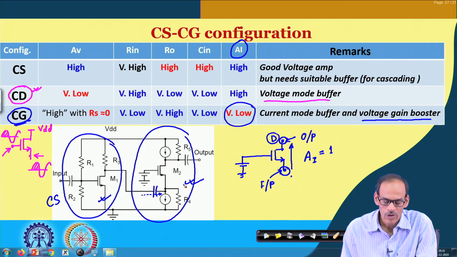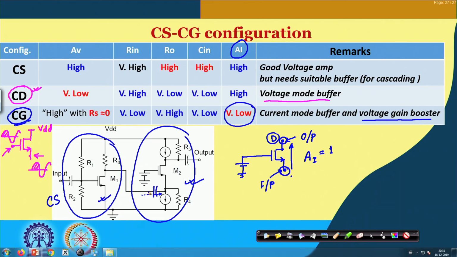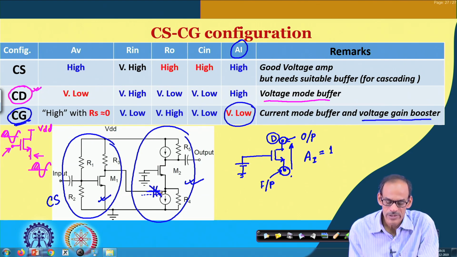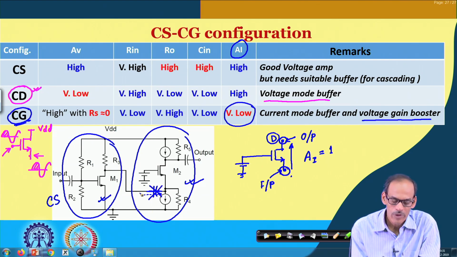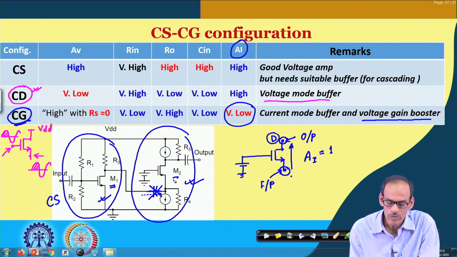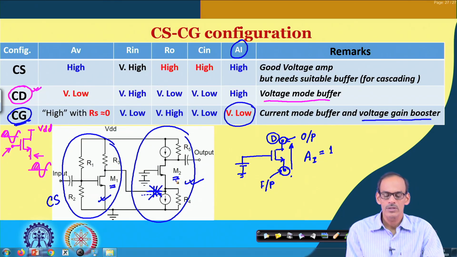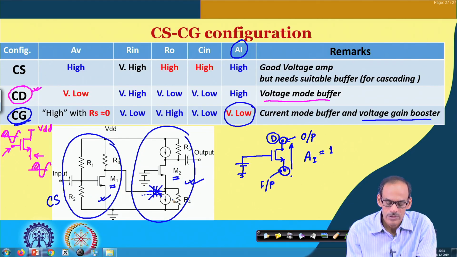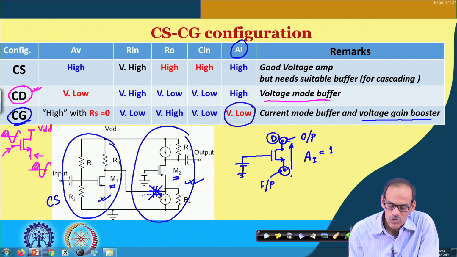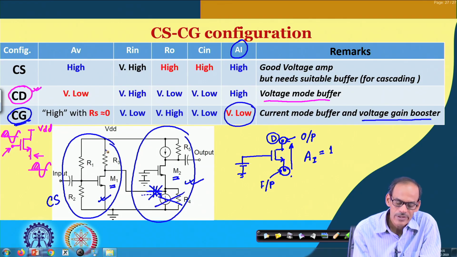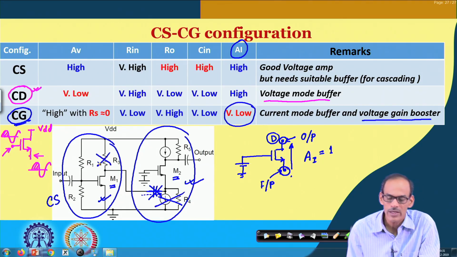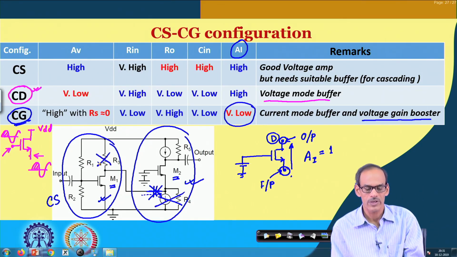However, the better version is to directly couple the signal without this capacitor, and see whether the bias requirements for M1 and M2 can complement each other, so that we can avoid this bias circuit and this bias circuit. That gives us the cascode configuration.